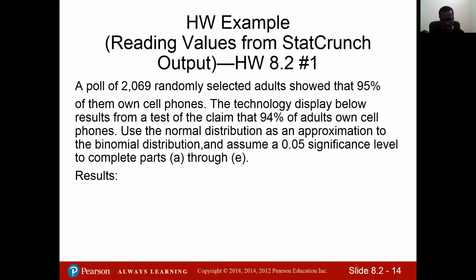Use the normal distribution as an approximation to the binomial distribution and assume a 5% significance level to complete parts A through E. Okay, and here are the results. It means that we use StatCrunch or Minitab or something, then this is the results display.